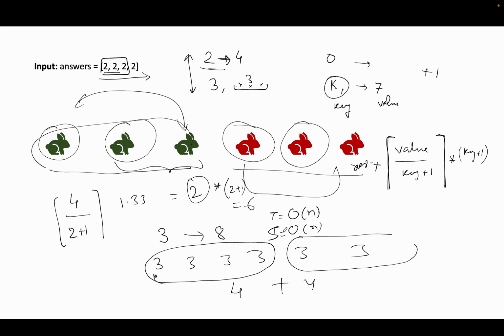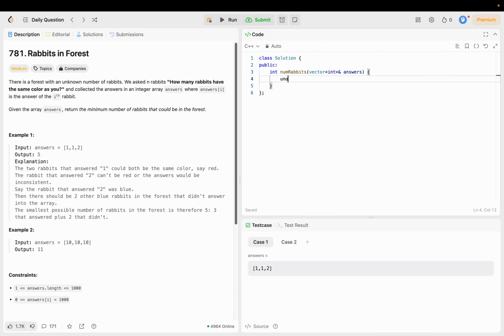So now let's write the code for this. So let's have unordered map int, let's call it counts, and then result is 0, and then for num in answers, if num is 0, then we just increment the result.